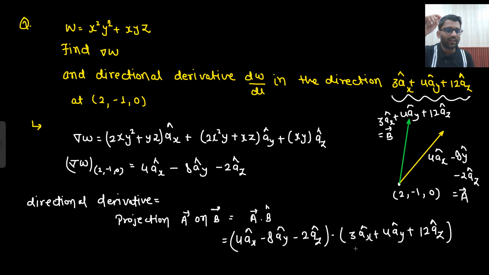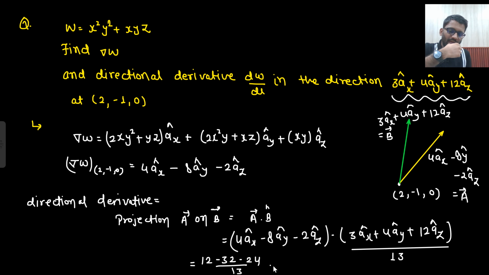How did I do it very quickly? Because I know 3 square plus 4 square under root is 5, and 5 square plus 12 square is 169, that means 13. So this is how I could do it very quickly. Now what I am going to do: 12 minus 32 minus 24, divided by 13.